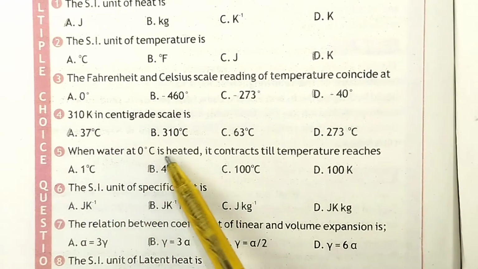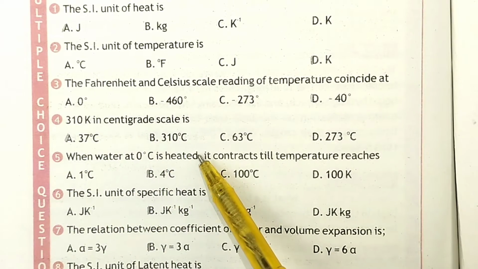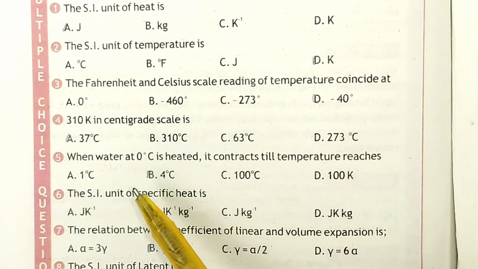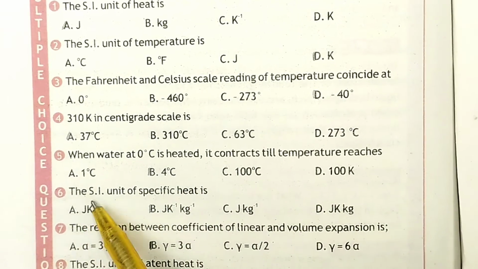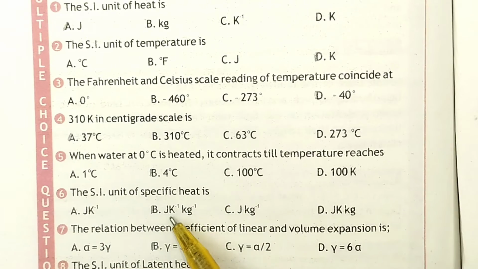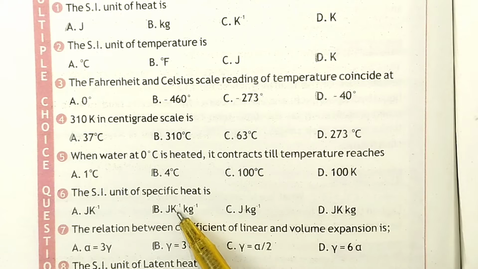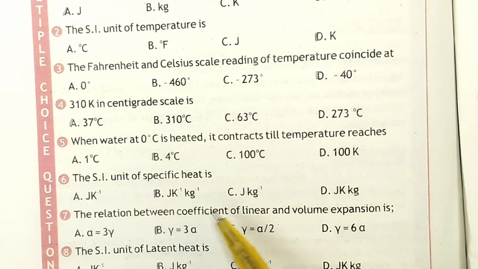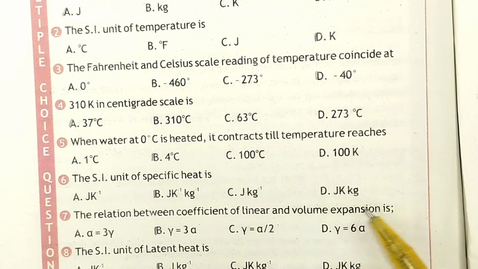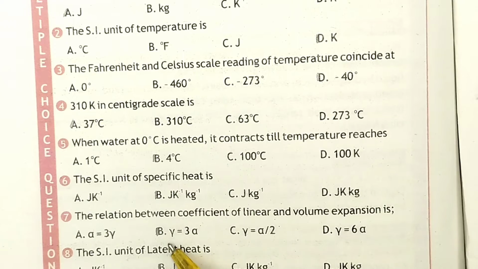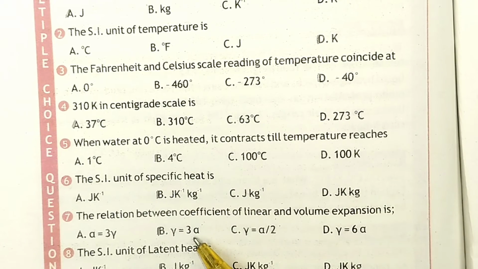When water at 0 degrees centigrade is heated, it contracts till temperature reaches 4 degrees centigrade. The SI unit of specific heat is joule per Kelvin per kilogram. The relation between coefficient of linear and volume expansion is gamma equals 3 alpha.